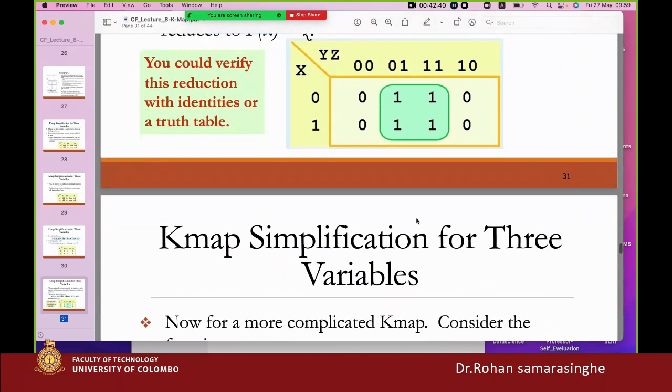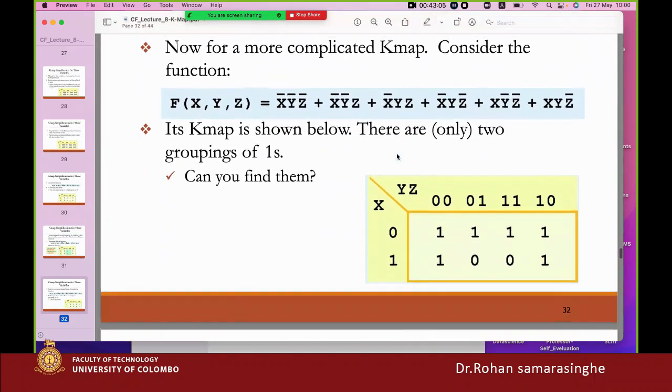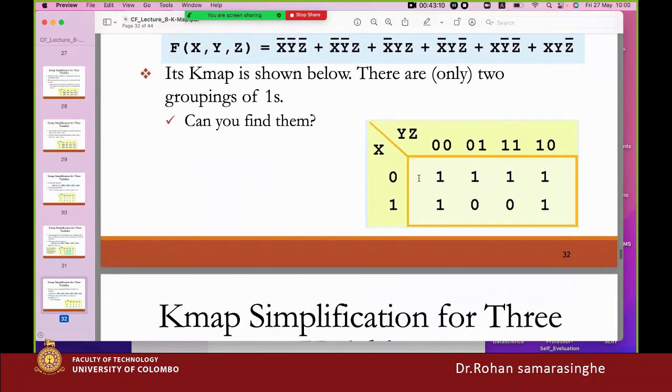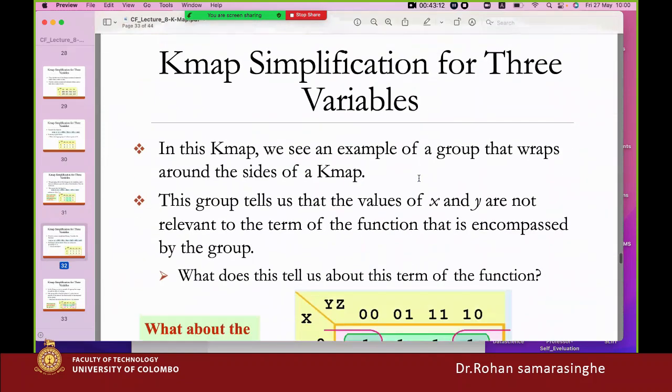When you write these things, you can see there are some variables that have changed and there are some variables that have not changed. The variables changing through that group can be cut, and the variables that remain unchanged through this group are taken as the variables of the answer. Then the next one is also a three variable expression example.